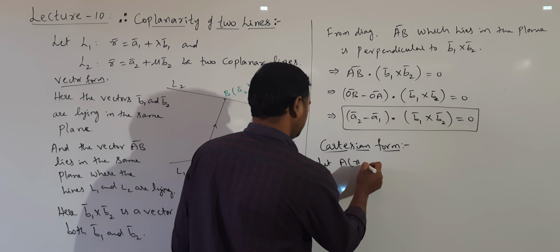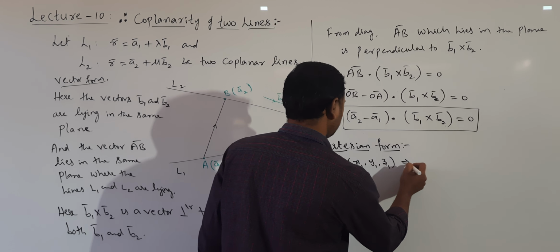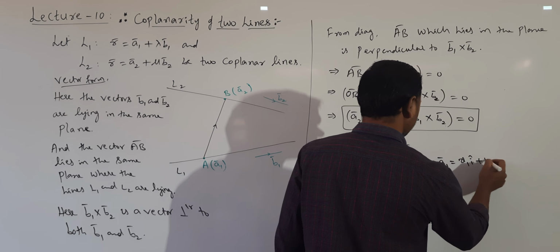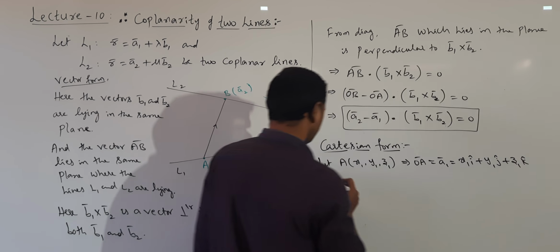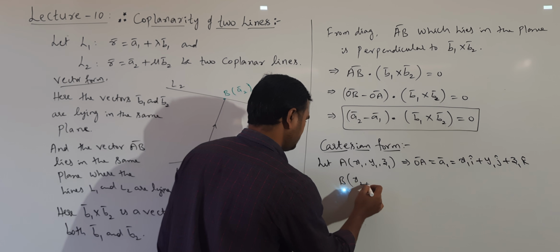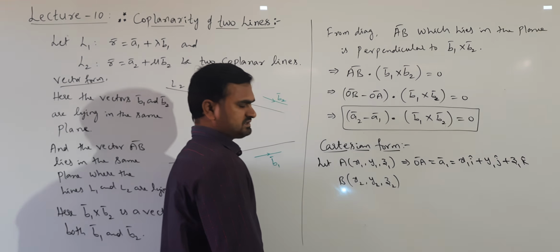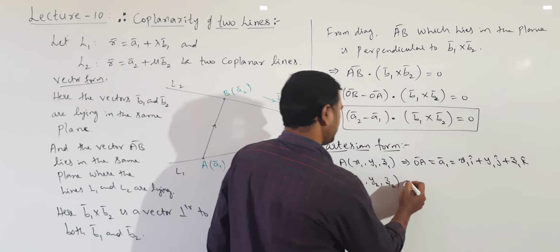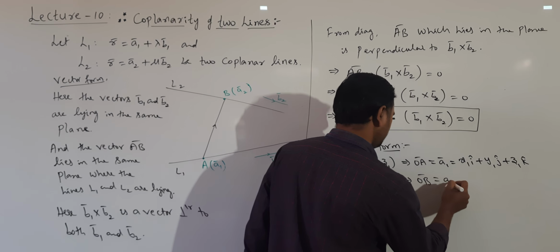Let A be x1, y1, z1, which implies OA bar is equal to A1 bar is equal to x1 i plus y1 j plus z1 k. B is the point through which the second line is passing. I will take it as x2, y2, z2. These are known points, which implies OB bar is A2 bar, x2 i plus y2 j plus z2 k.